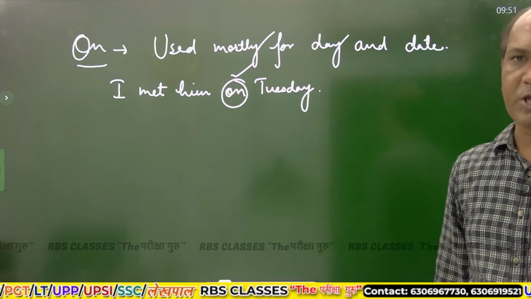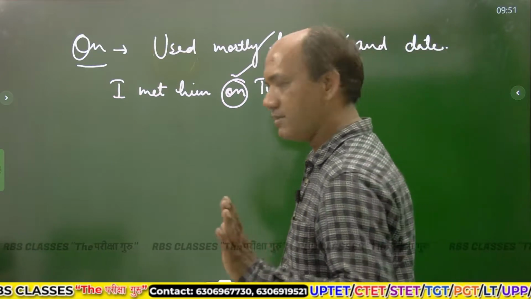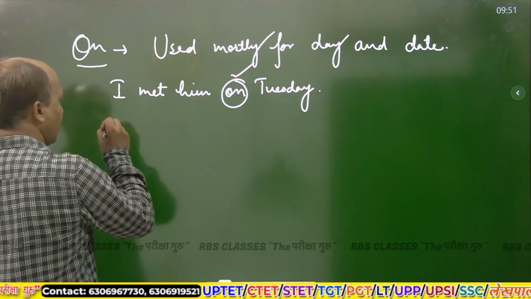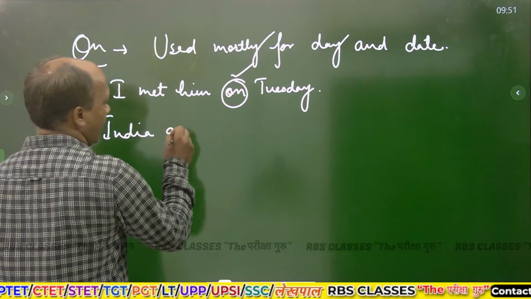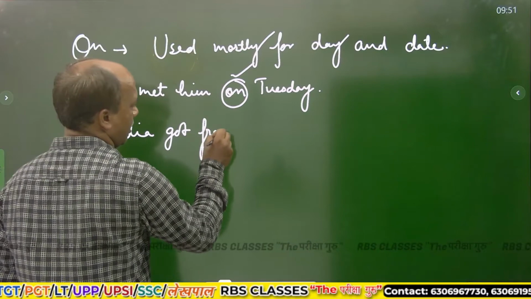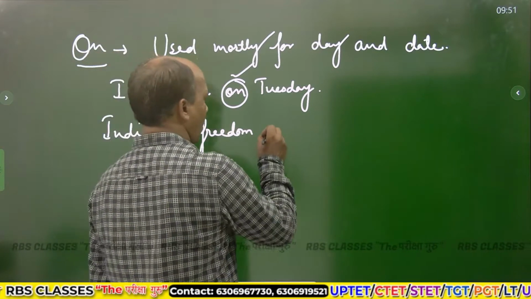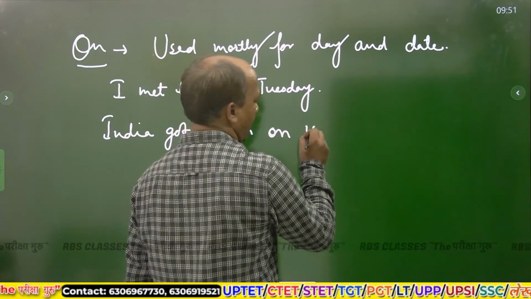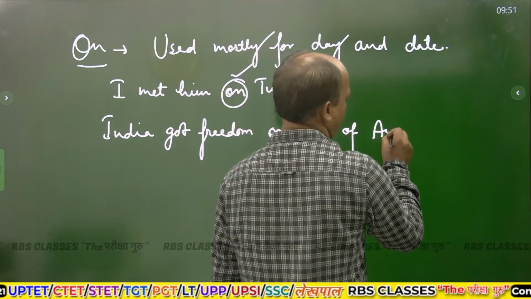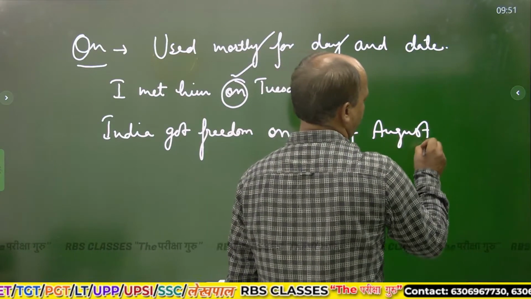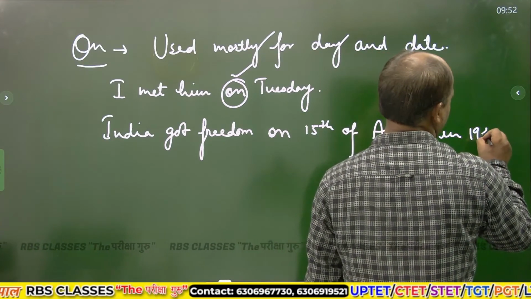Tuesday एक डे है, इसलिए पर्टिकुलर डे होने के कारण यहां ऑन का यूज किया जा रहा है। जैसे देखिए पिछला वाला सेंटेंस लिखते हैं, India got freedom on 15th of August in 1947.